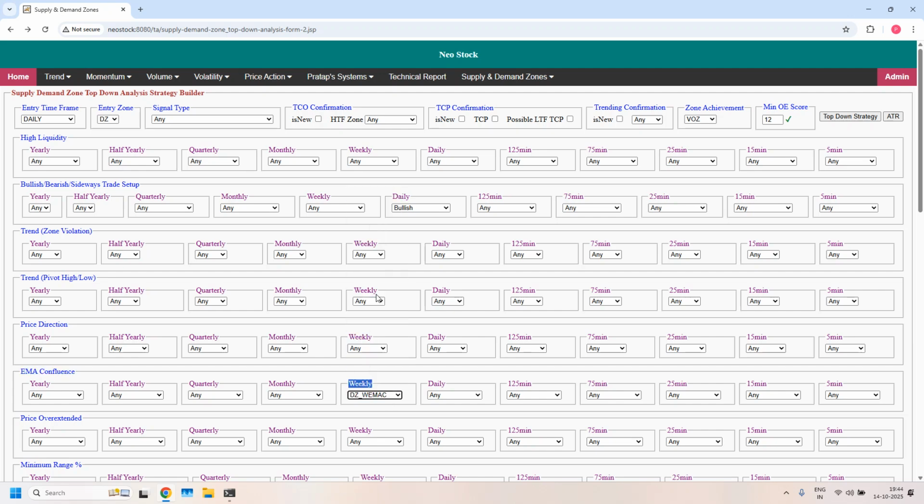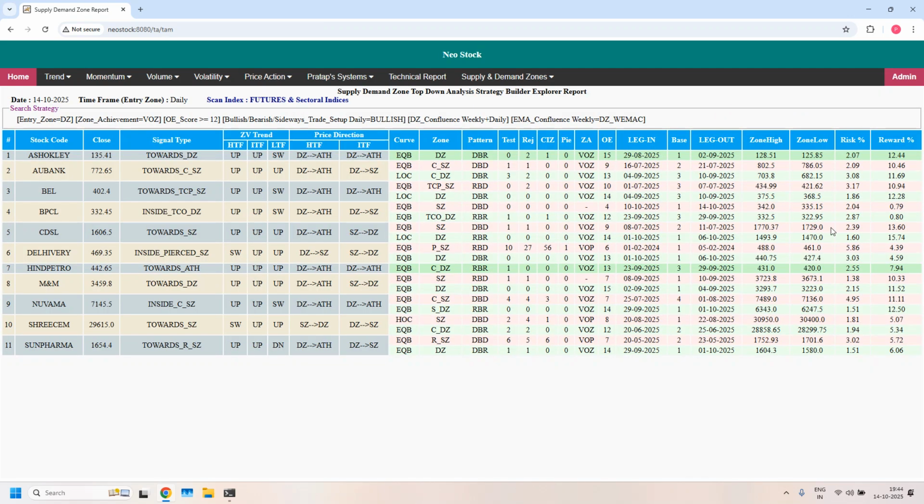Weekly demand zone with weekly EMA confluence. Let's filter. We got 11 stocks. So these 11 stocks have more high probability to get success, provided less than 20 checklist items are satisfied. Otherwise, higher chances of zone violation in these demand zones.